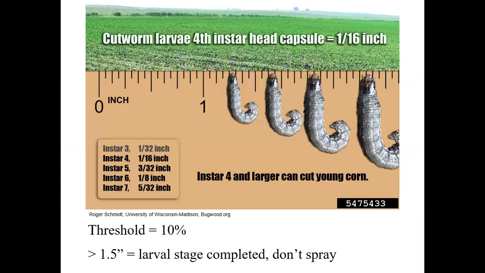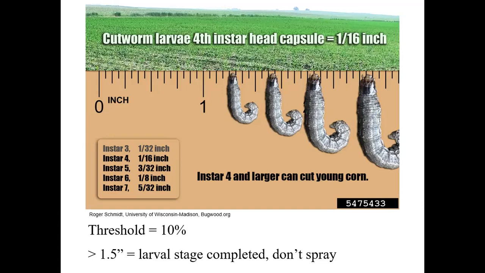Once they reach the fourth instar, they can start cutting young corn plants, and they will continue to feed quite voraciously over a number of nights until they reach about 1.5 inches in length, or that 5/32 of an inch head capsule width.